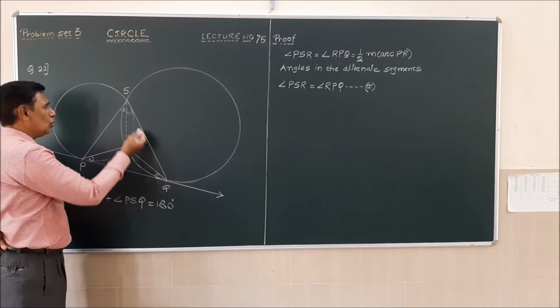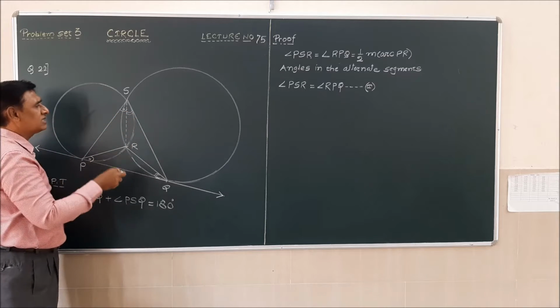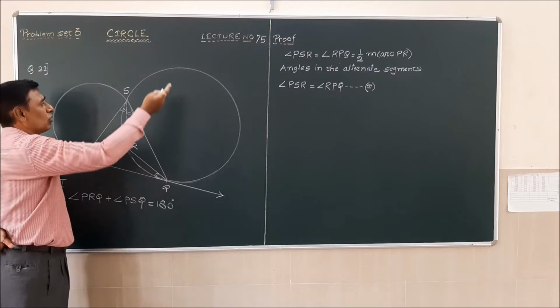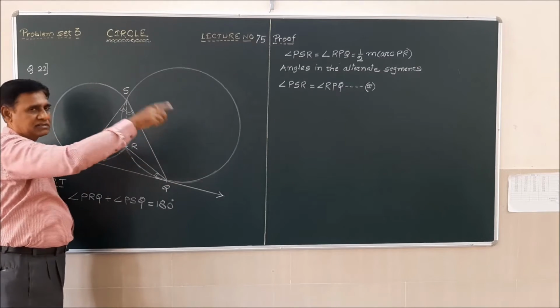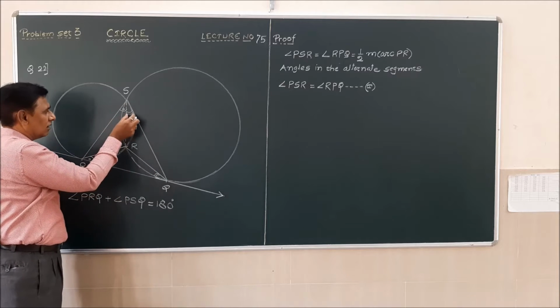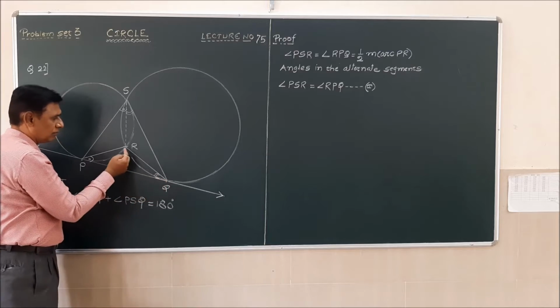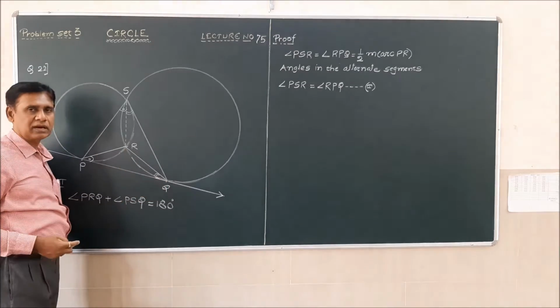Angle QSR. Okay, this is also an inscribed angle, but with respect to this larger circle. And angle QSR is equal to half arc QR, inscribed angle.